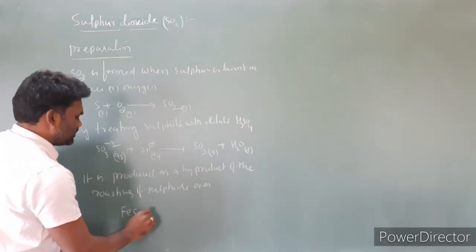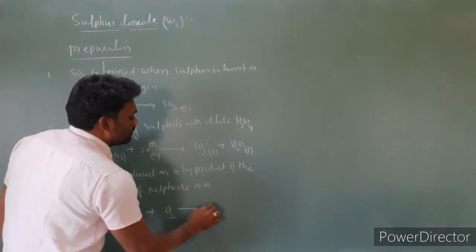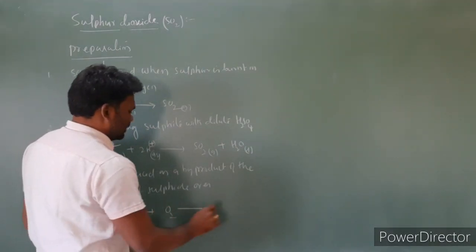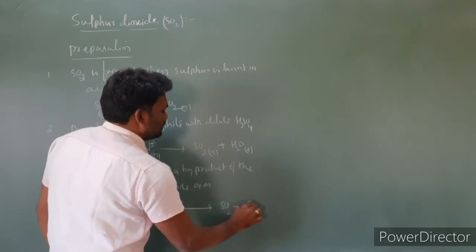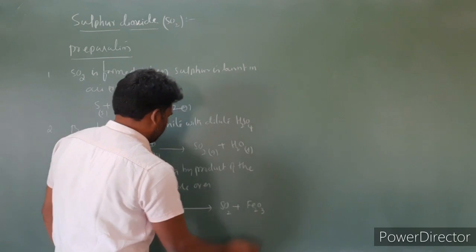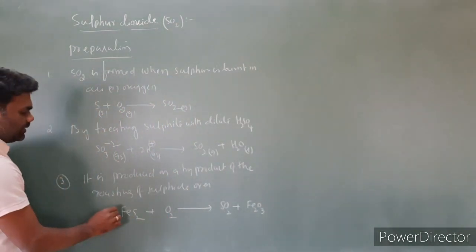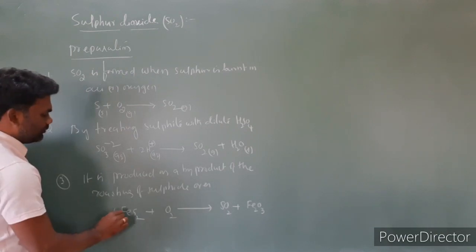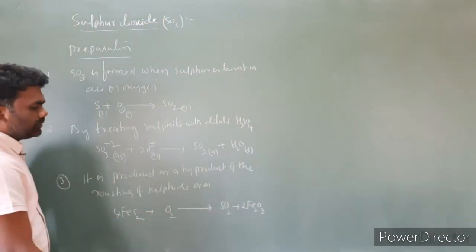FeS2 roasting with oxygen gives rise to sulfur dioxide plus Fe2O3. We have to balance it. I am taking 4 FeS2, which gives 2 Fe2O3.